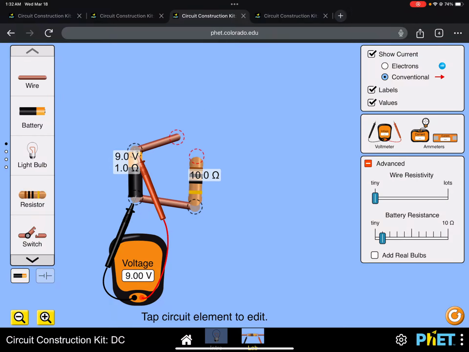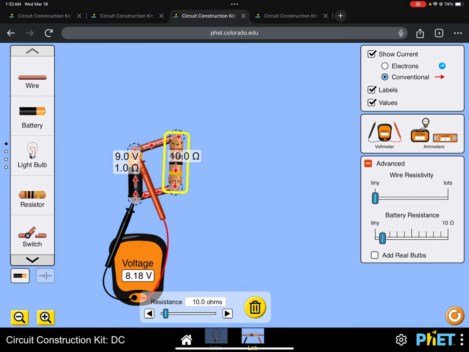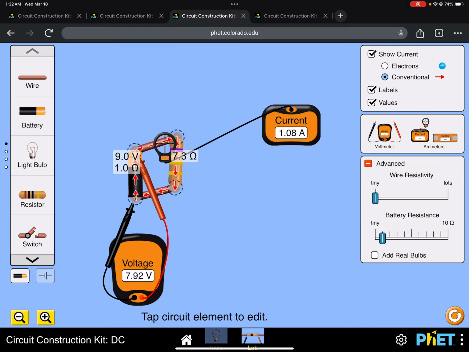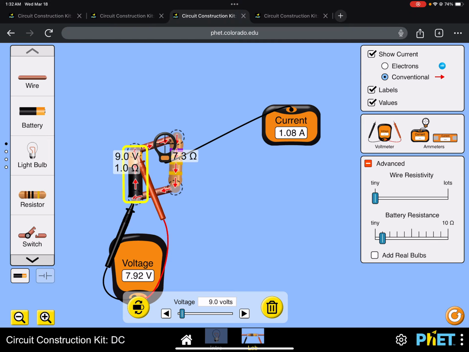If I disconnect the circuit, I measure 9 volts. And then if I increase the... actually, I think I have to decrease... If I decrease the resistance of this resistor, yep. If I decrease the resistance, I'm increasing the current. And if I increase the current, then that means that... well, actually, hold on just a second.